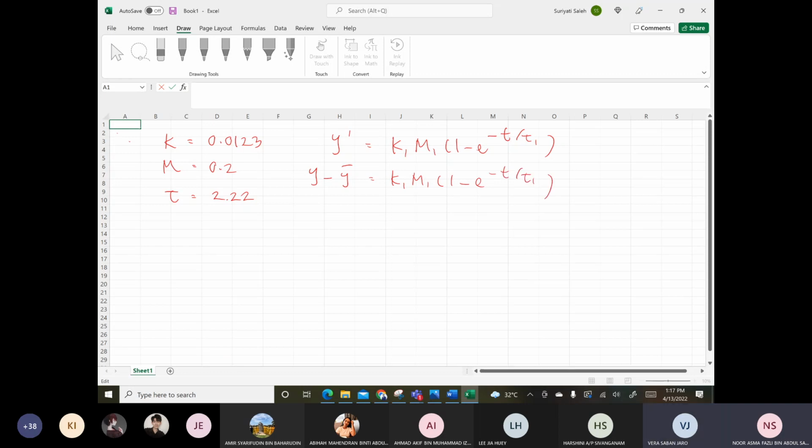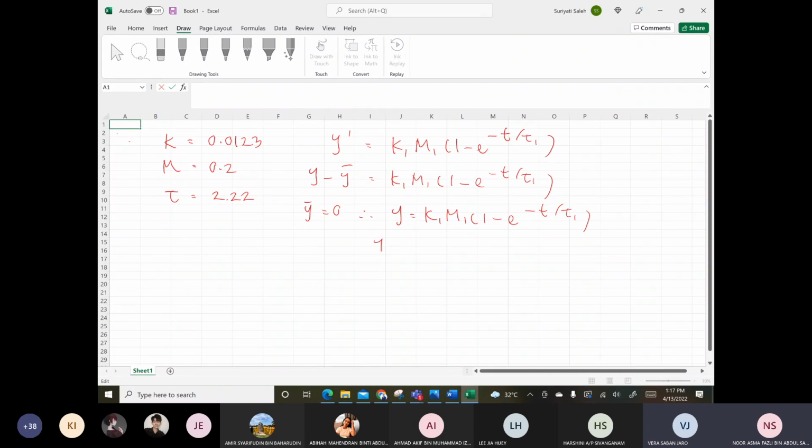Where here, to make it simple, I put y bar equal to 0. So that reduces to y equal to K1 M1 (1 minus exponent negative t over tau 1). Alright. So in this case, I can put the value inside.